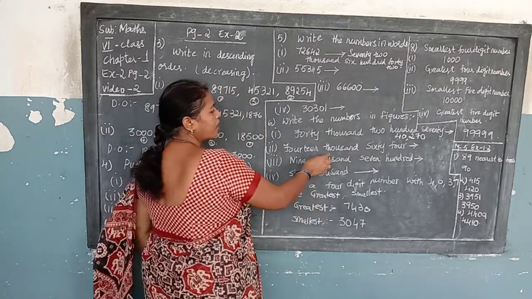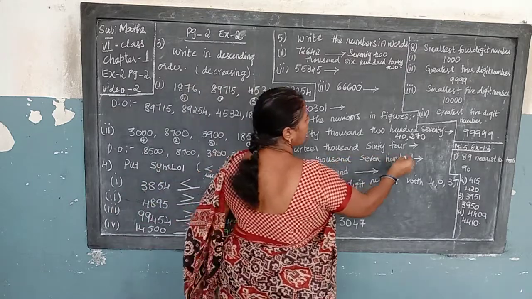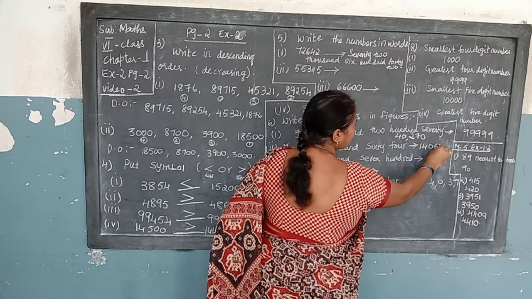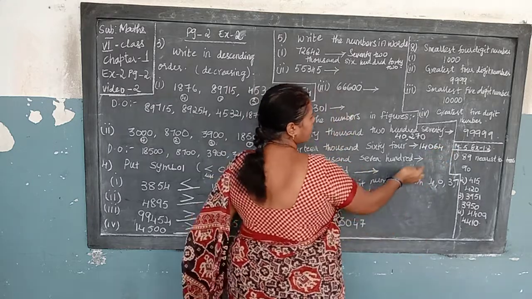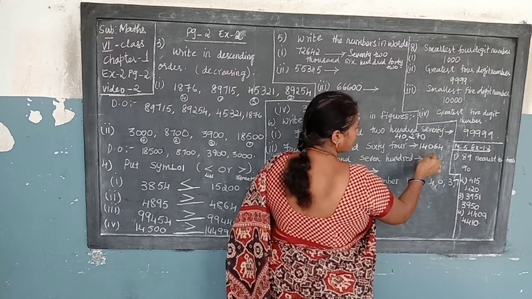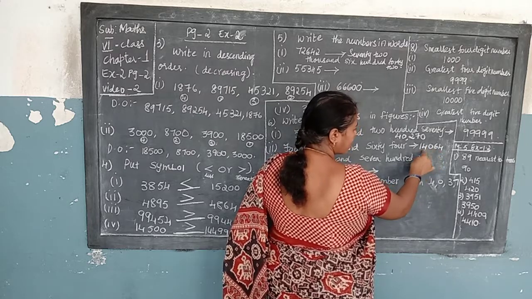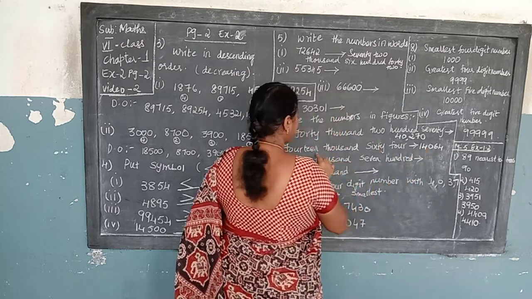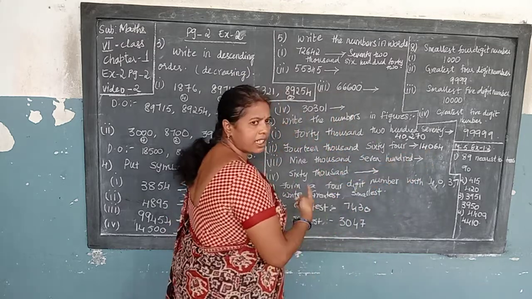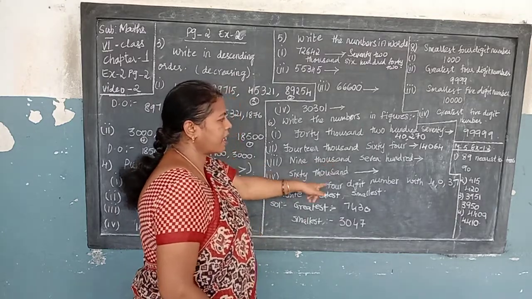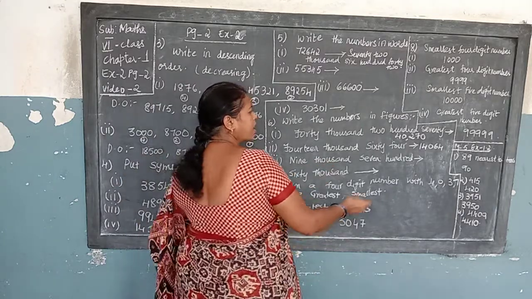Next, 14,064. Now, once more: ones, tens, hundreds, thousands, 10,000. How will you read, children? 14,064. Will you write the number or not? Next, 9,700.